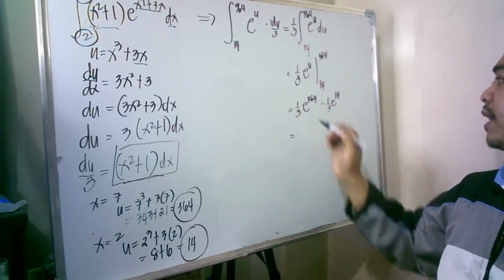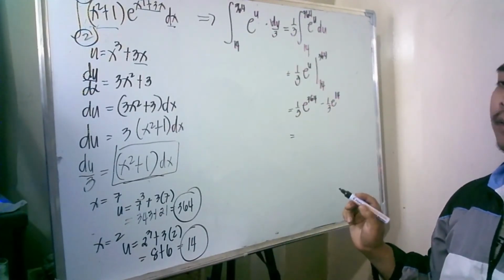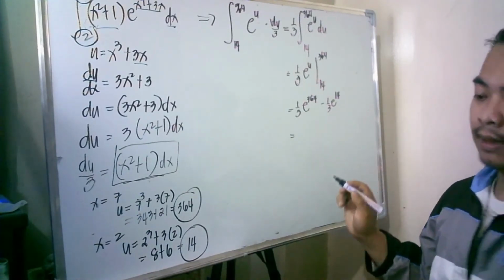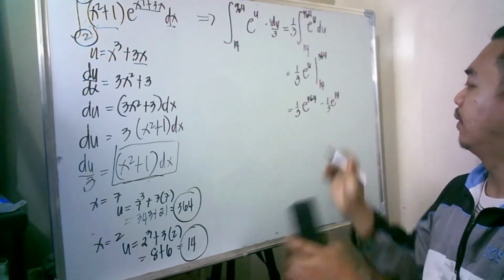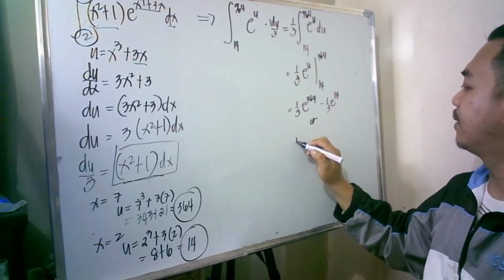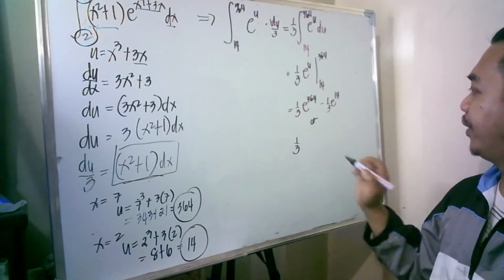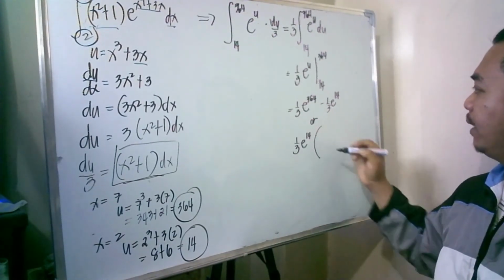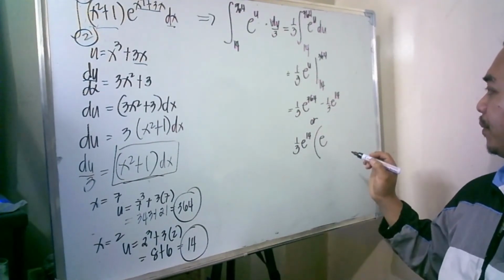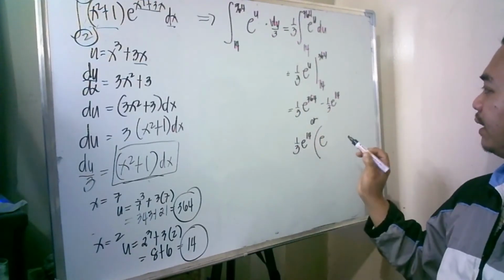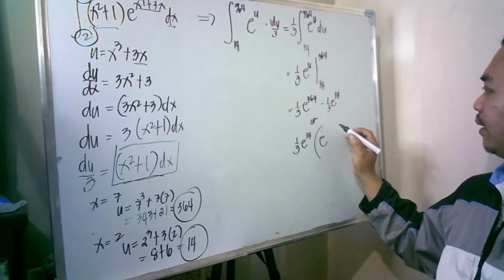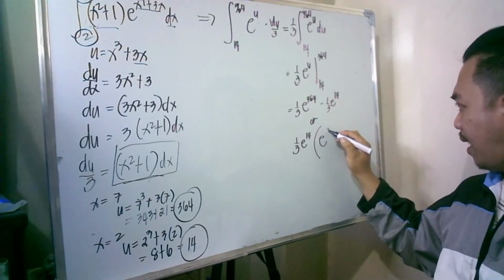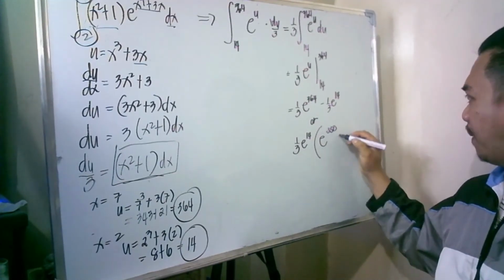Kasi constants na ang mga yan. We can factor out, ano yung common? 1/3, ano pa? E raised to 14. Maiwan ay e raised to, ano yung gagawin natin? I-subtract natin, no? So, 350 minus 1.